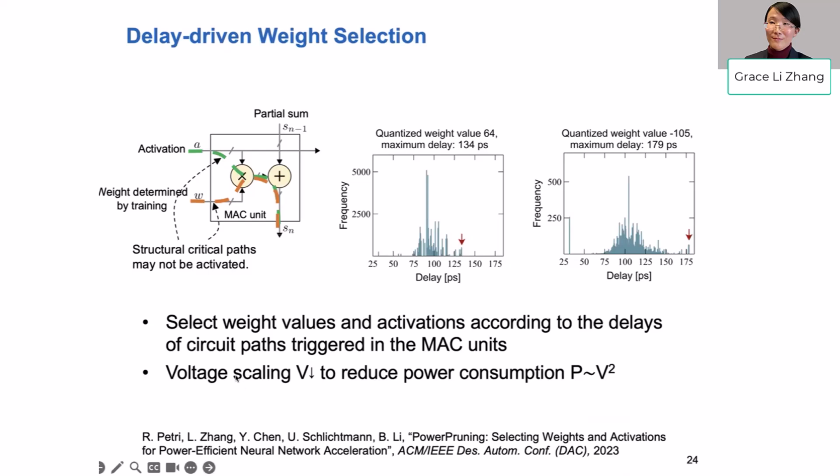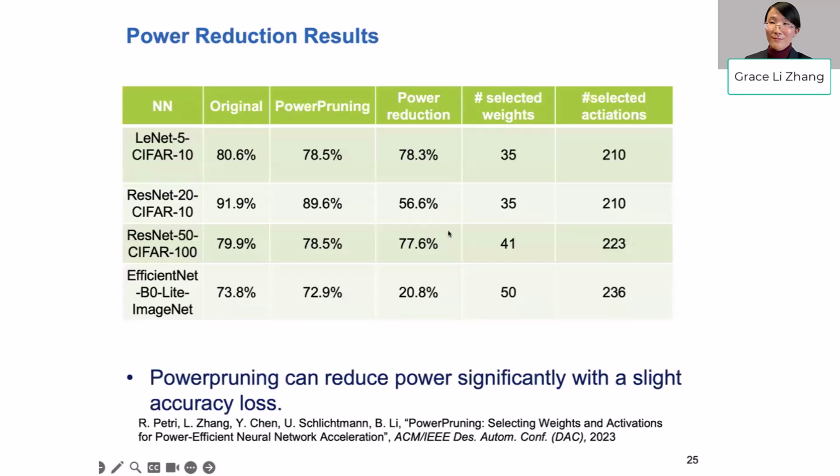Even though the delays of the remaining MAC units increase, they are still smaller than the clock period. In this way, by delay-driven weight selection, we can reduce the voltage so that we can reduce the power consumption significantly.